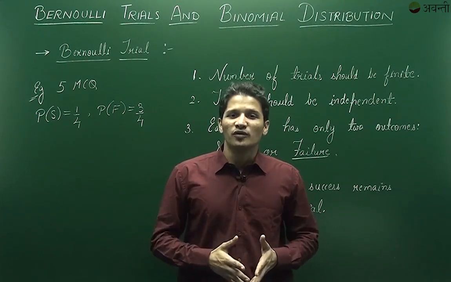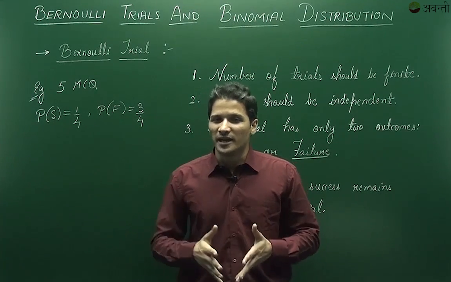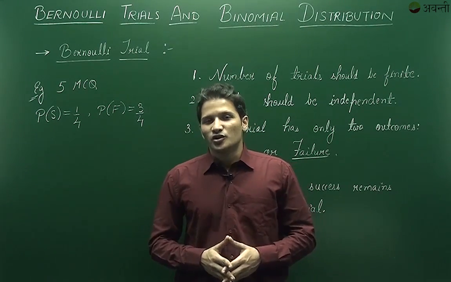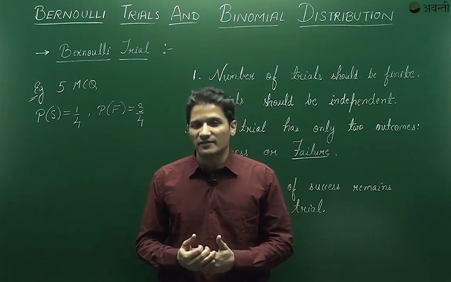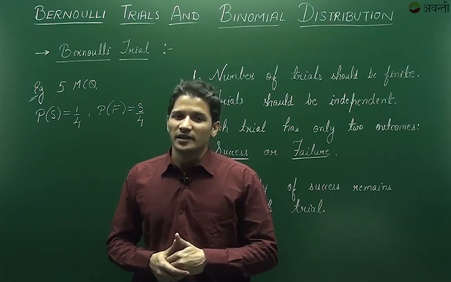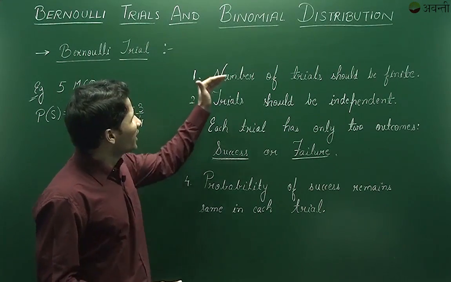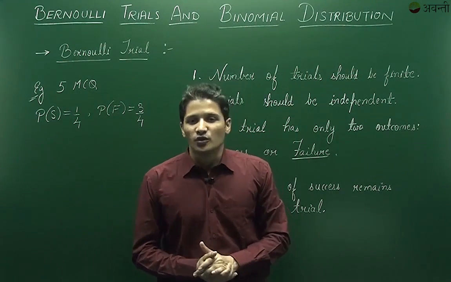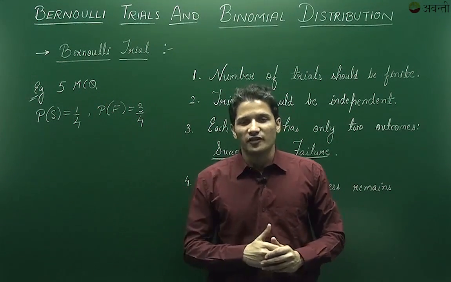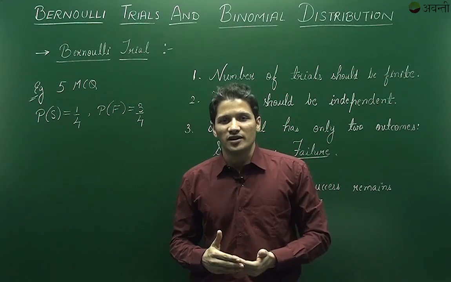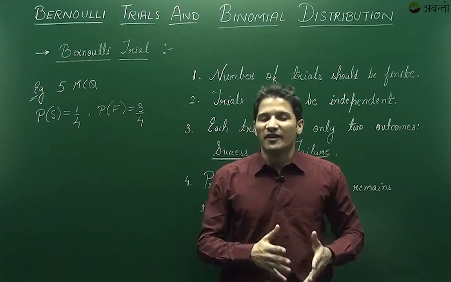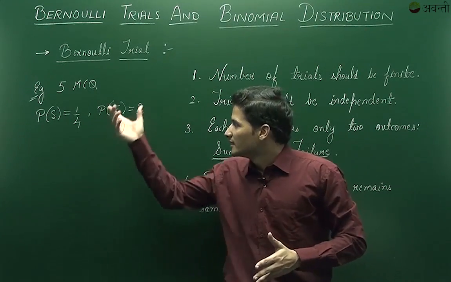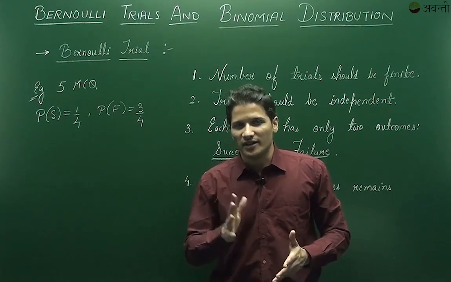Now when will all these trials be termed as Bernoulli trials? For any trial to be a Bernoulli trial, 4 conditions must be satisfied. The first condition is that the number of trials should be finite. In our case, we have 5 questions and attempting each question is a trial, so we have 5 trials. Since 5 is a finite number, the first condition is satisfied.